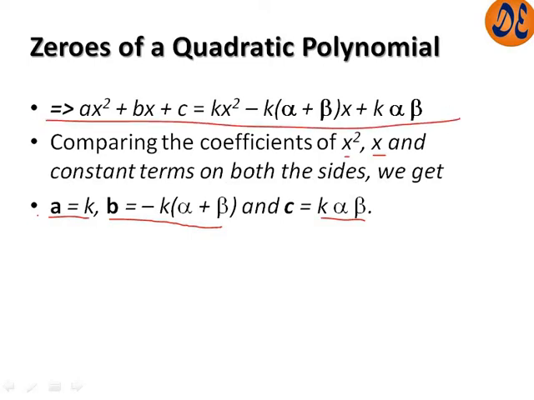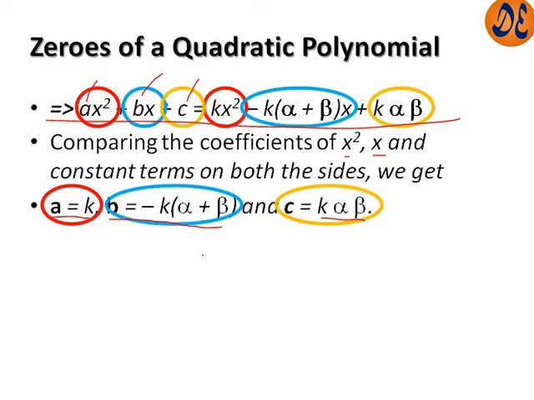These are the values of a, b and c that we get from this particular equation. So this equation gives us three values: the value of a, the value of b, and the value of c. Now this gives alpha plus beta is equal to minus b by a.